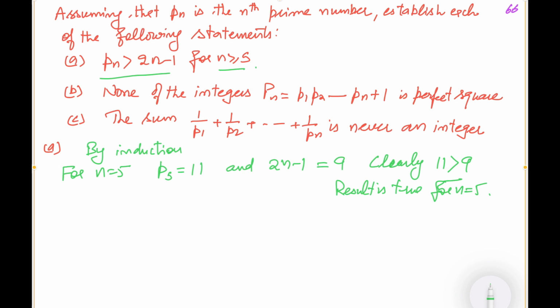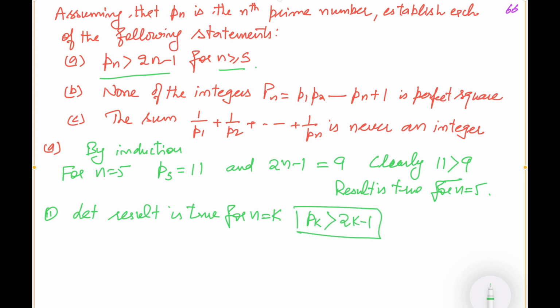Case 2. So let the result be true for n equal to k, meaning we are taking that pk is greater than 2k minus 1. So this we are assuming true.